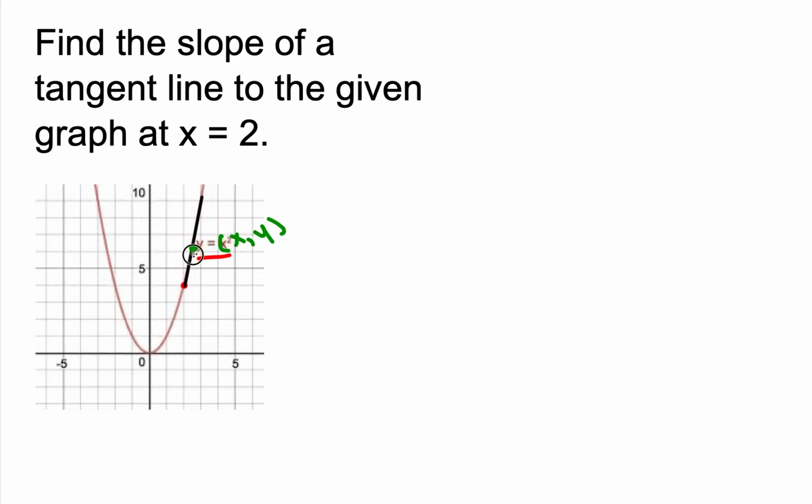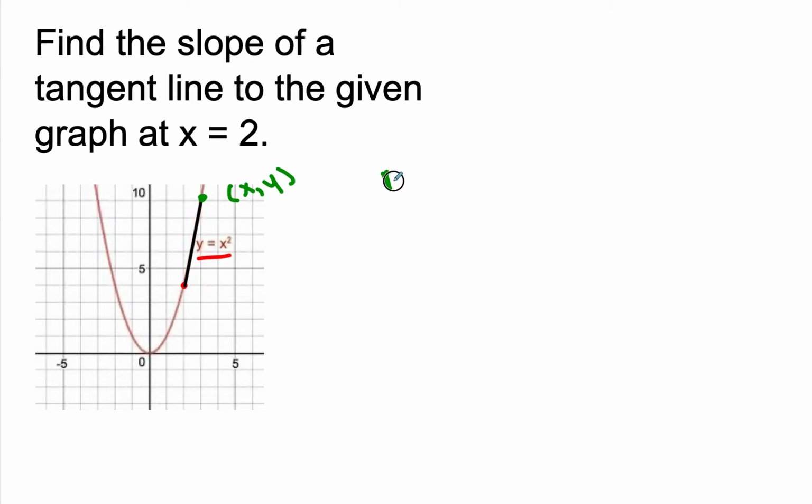When that happens, I'd be able to get more of an instantaneous rate of change or slope, not between these two points, which creates a secant line, but more of the tangent line.